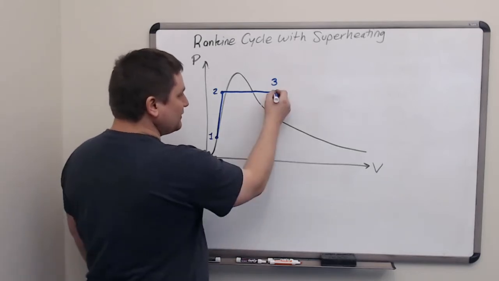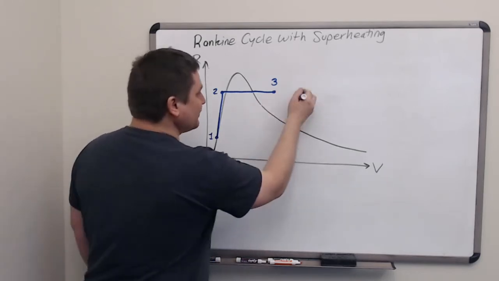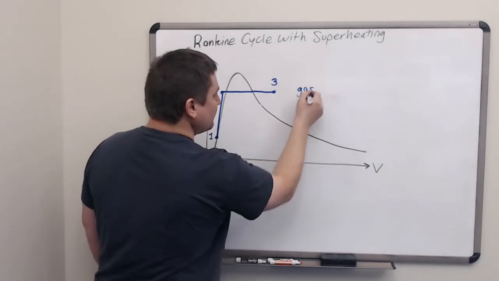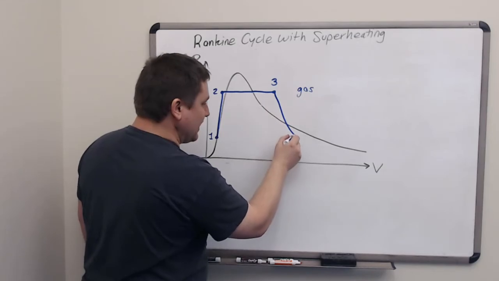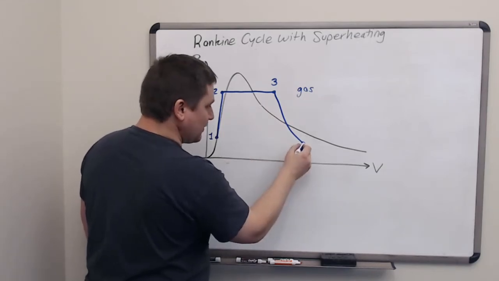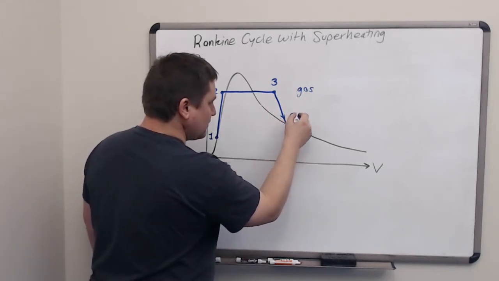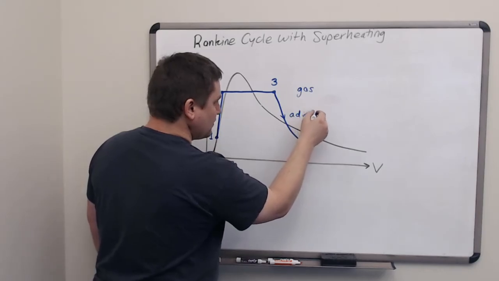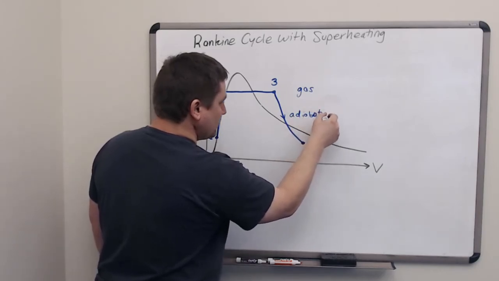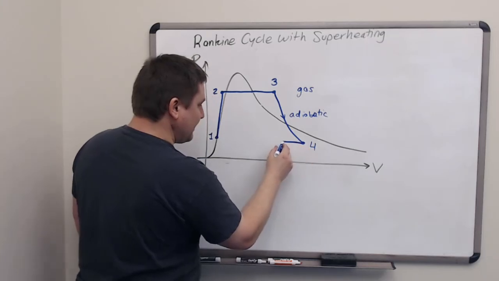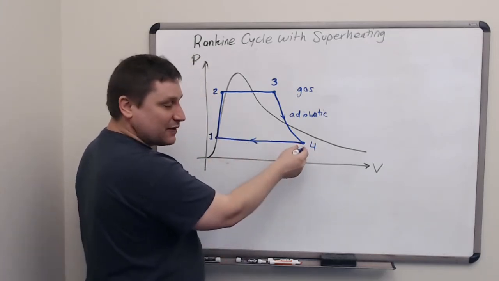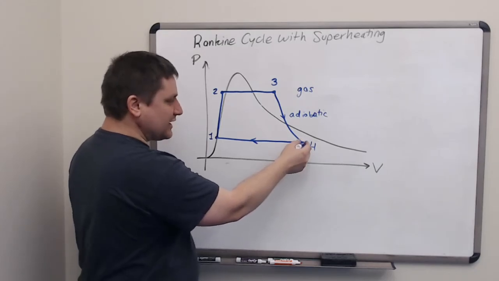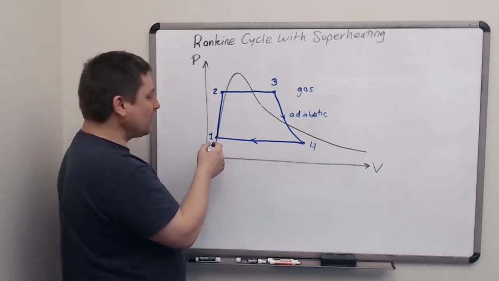This puts us at location 3 in the pure gas region. We still do an adiabatic expansion in the turbine on steps 3 to 4. And the condenser works the same, starting with some mixture of steam and water at location 4 and cooling isobarically back to the starting point, location 1.